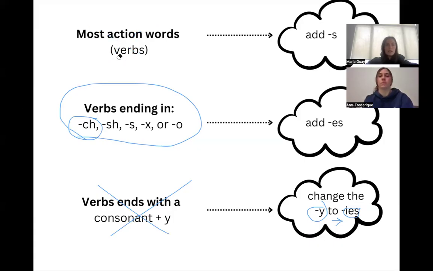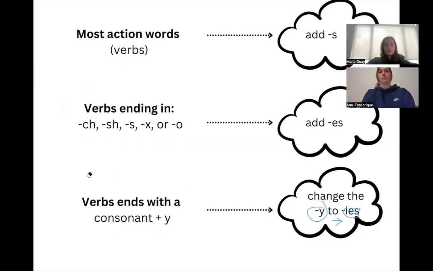We'll do another one together. Do you have a verb in mind that you would like to do? Play. Play, very good. So we'll start with this one. Does the verb end with CH, SH, SX, or O?